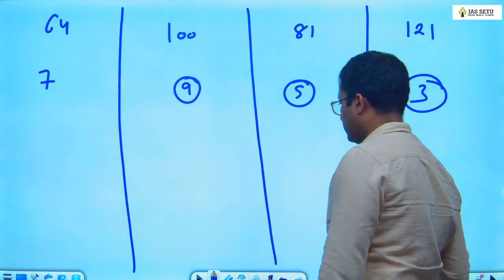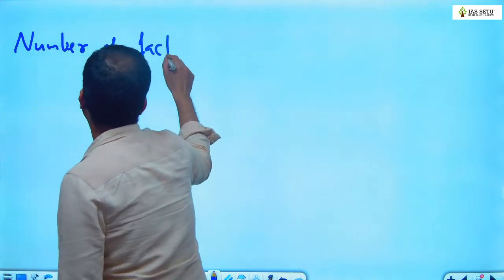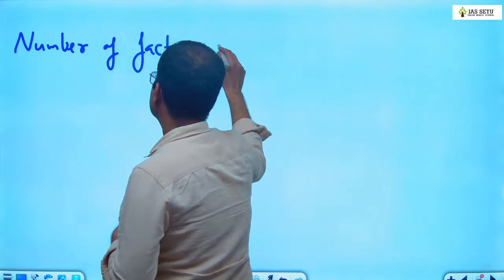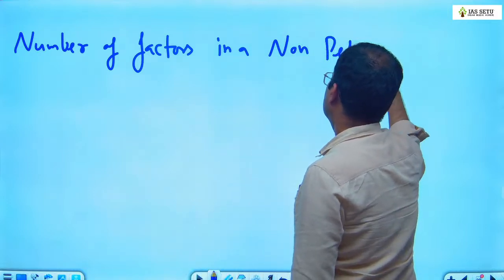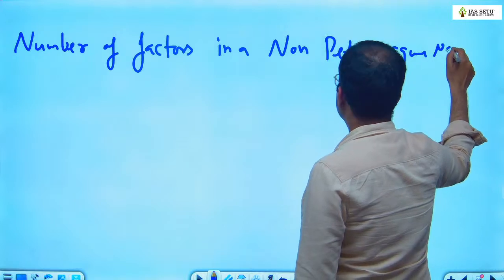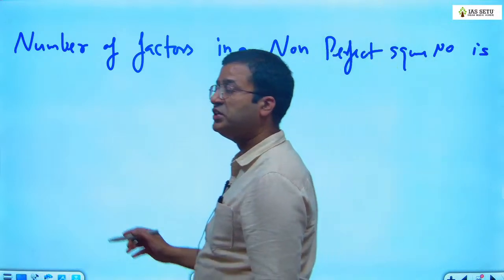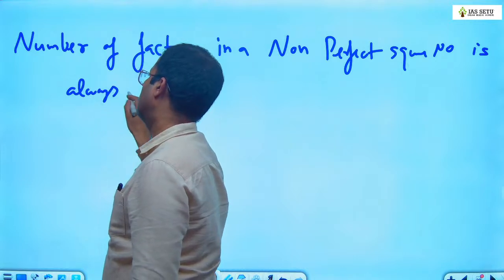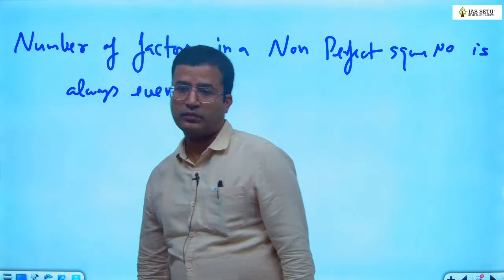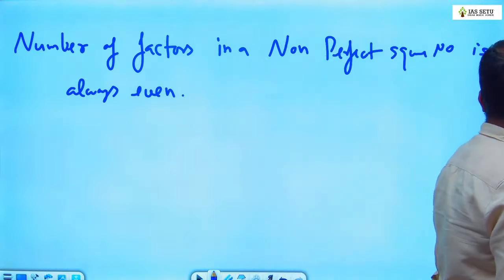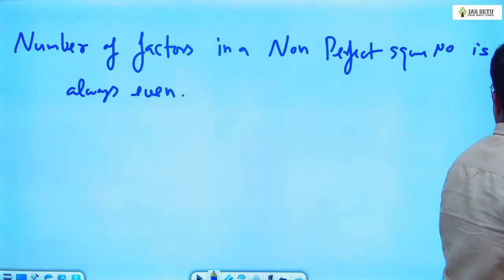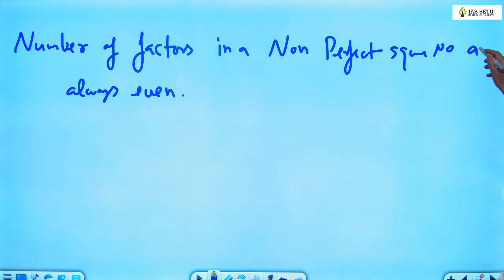Second observation is: the number of factors in a non-perfect square number is always even.